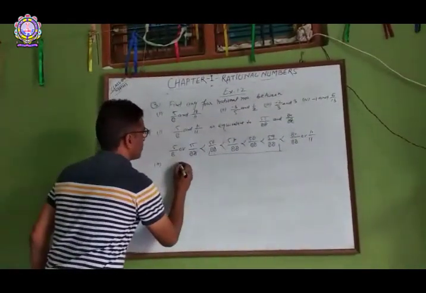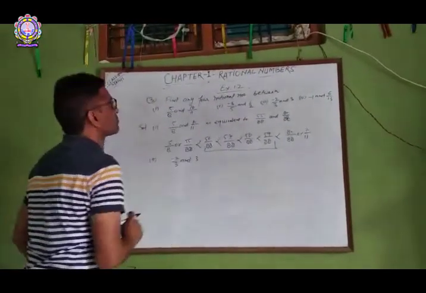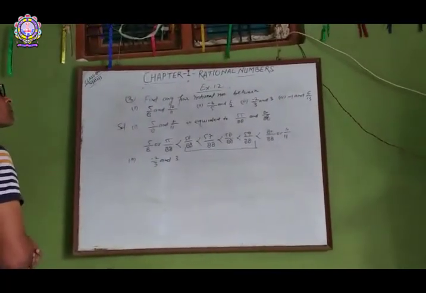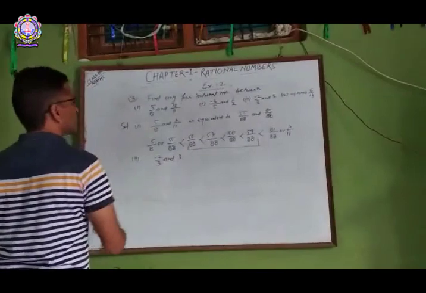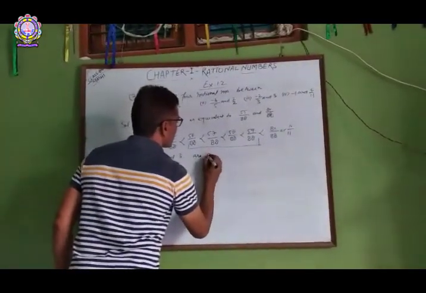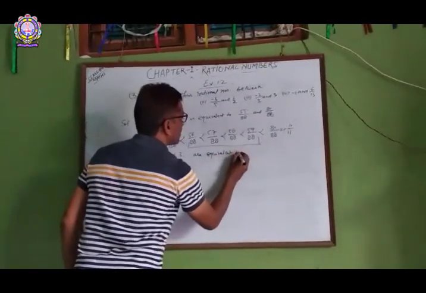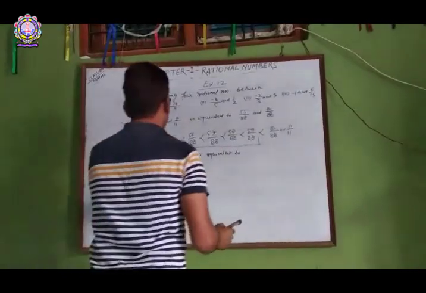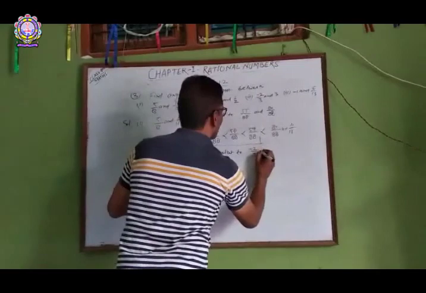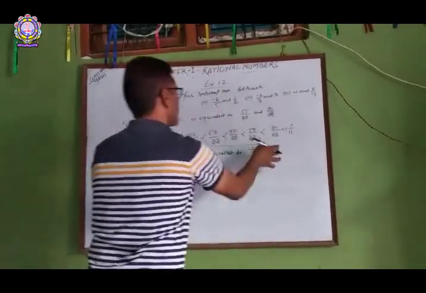Part third is -2/3 and 3. These are equivalent to -2/3 and 9/3.